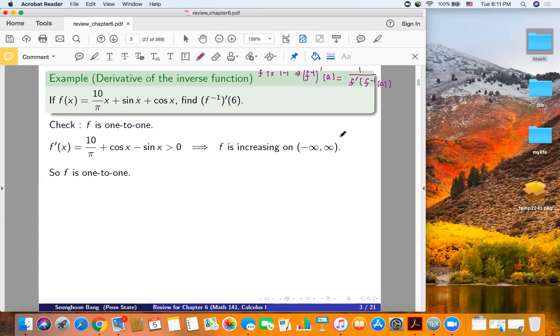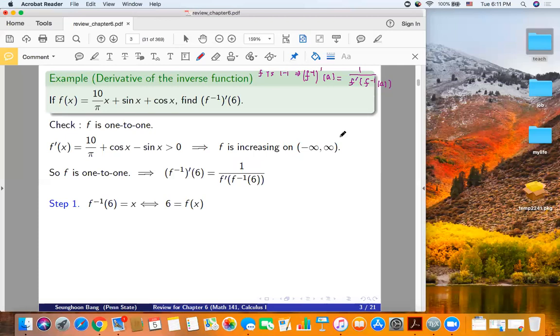So we can use this result: the derivative of inverse f at 6 equals 1 over f prime of inverse f of 6. Step 1, find inverse f of 6. I'm going to write the unknown value x. You can use the definition of inverse function.